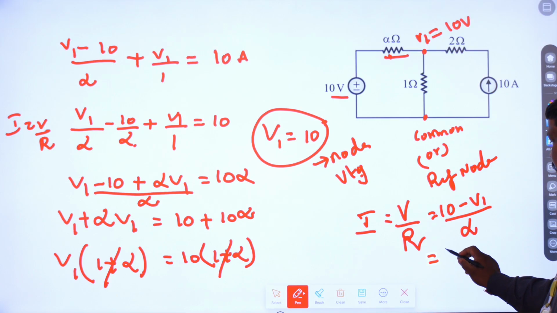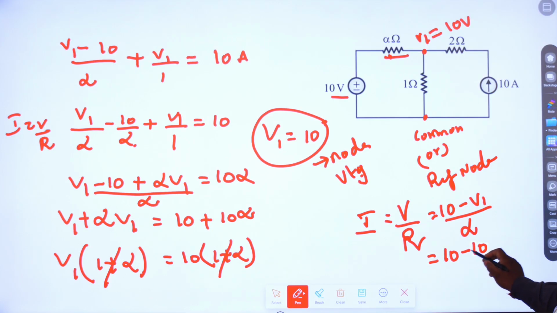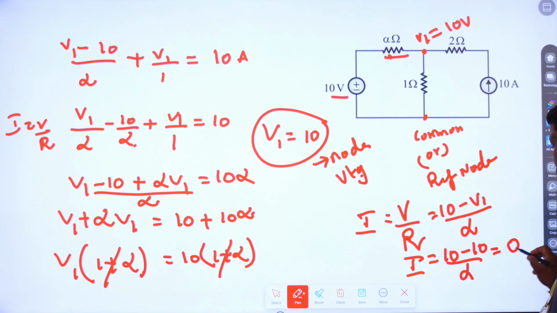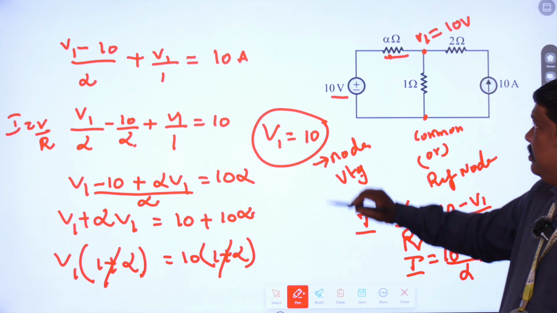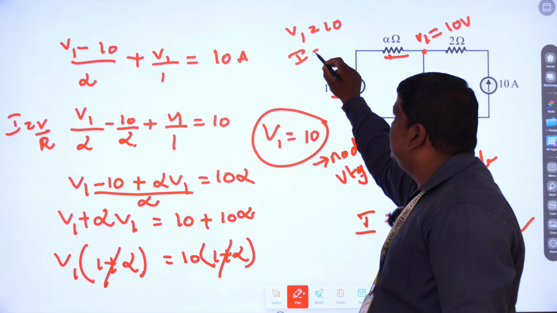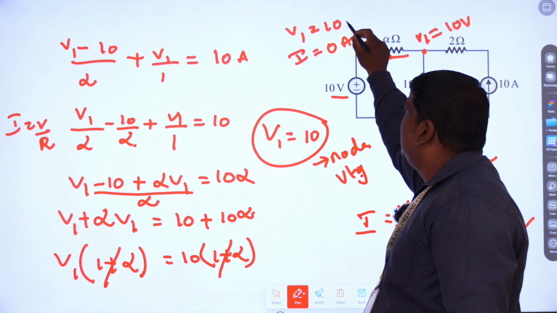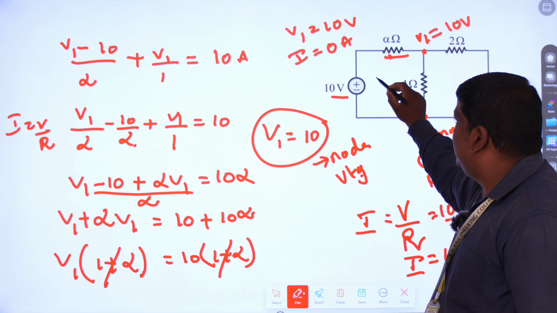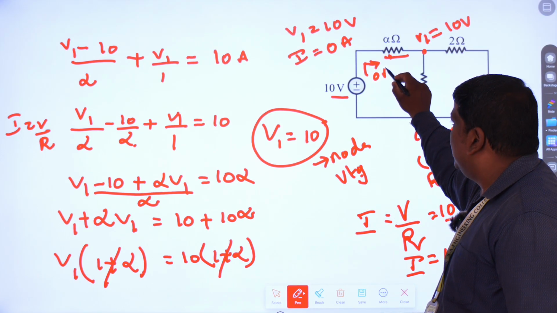We know V1 we have calculated is 10, so 10 minus 10 is going to be 0. So the current I is going to be 0. We have calculated V1 is equal to 10 and current I is equal to 0 amps. The current supplied by the 10 volt voltage source is 0 amps.